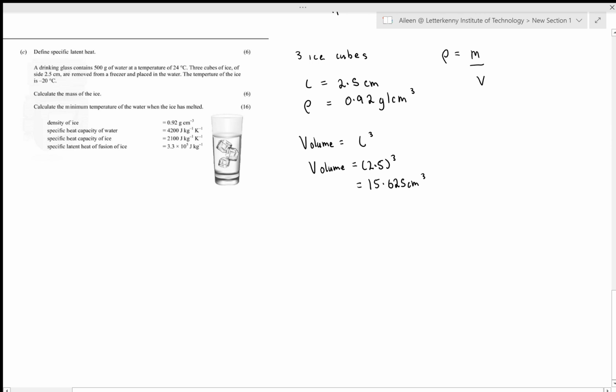I now have my volume, I have my density, so I can find the mass of 1 cube. This gives me 0.92 is equal to my mass divided by 15.625.